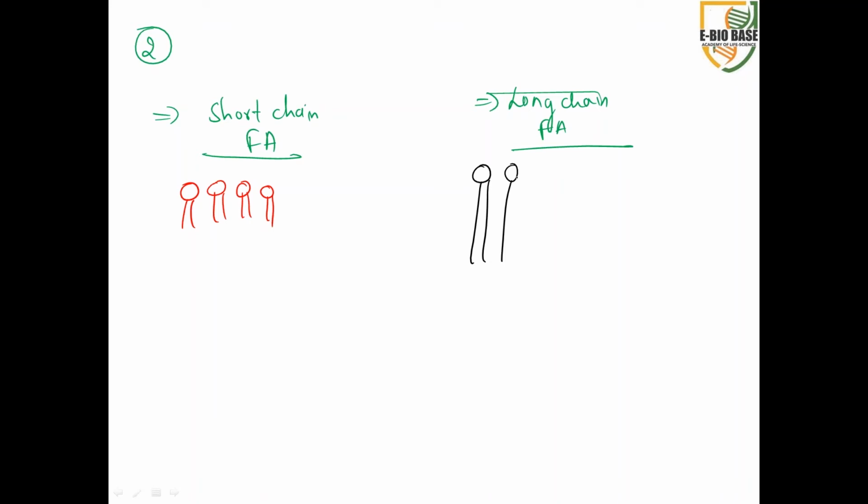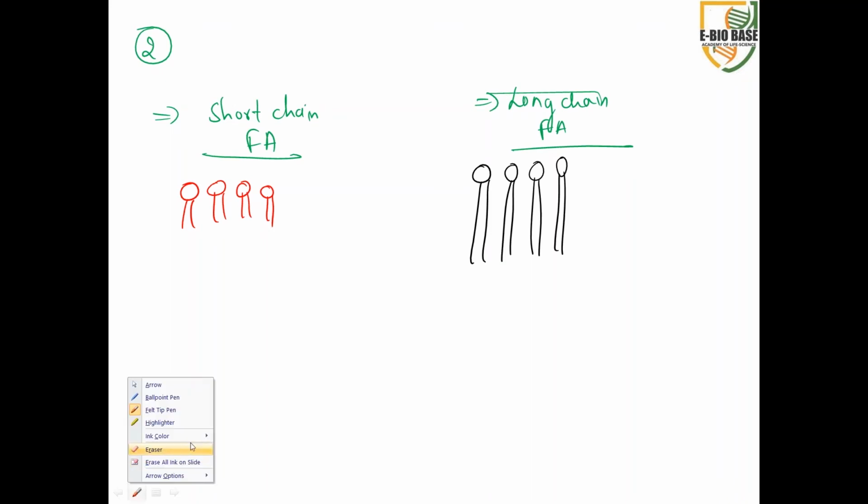That means he's speaking about the fatty acid hydrocarbon tail length. About tail length he is speaking about. See that red color tails, you have shorter tails, whereas in case of long chain you have longer chains, right? So these long chain and short chain is an important factor which is going to determine the fluidity. So how? We'll see it.